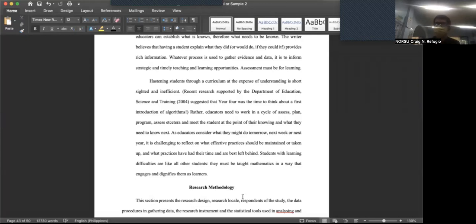For example, we have Gibbs' reflective cycle model, so we relate each of those to the statement of the problem. And we look into Kolb's experiential learning theory and your own theory. Each of those theories is being related to the statement of the problem. So that's what you are going to consider in here.